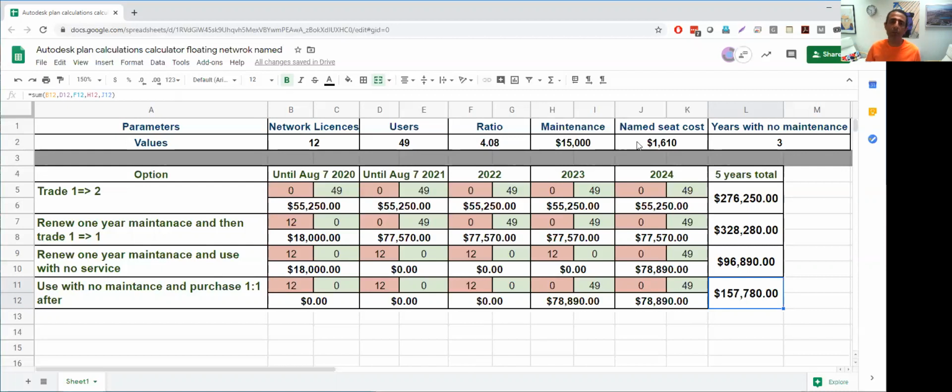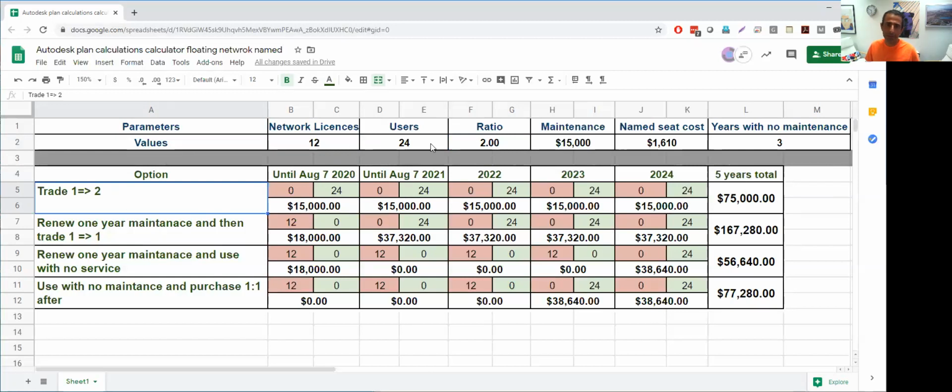So what is important? I have 12 licenses that can't be changed, but let's see, if I'm less efficient, I don't get to this ratio. Let's say I can get 1 to 1. Of course, it's completely changing the model, and the trade 1 for 2 becomes the best option. Sure, if that's the rate I'm getting, 2 users per license, for sure I need to take the offer from Autodesk until August 7, 2020.